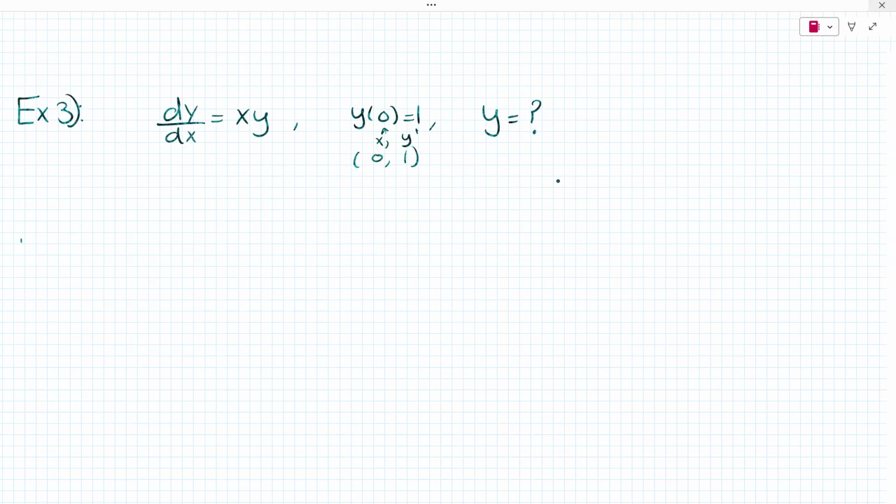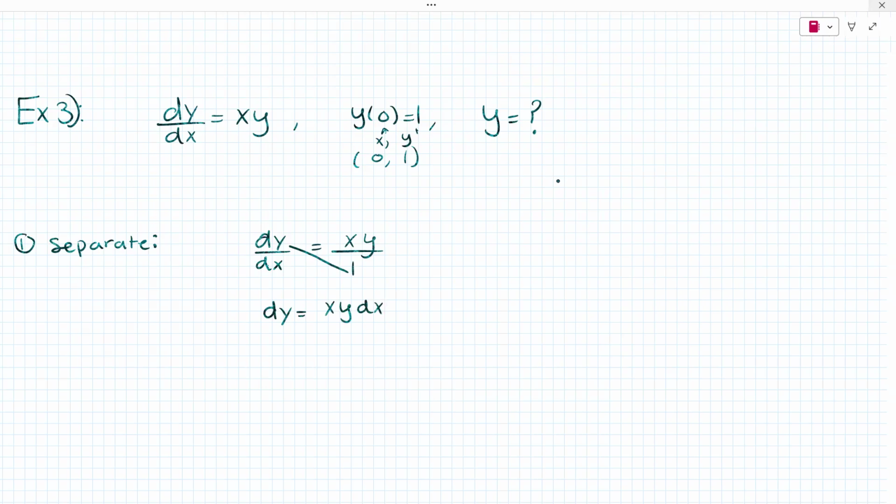So step 1, separate. By cross multiplying, right? So yeah, go and cross multiply. 1 times dy is dy. dx times xy is just xy dx.